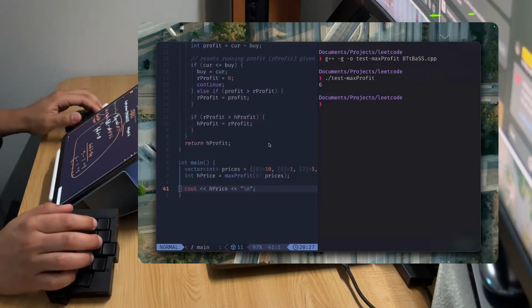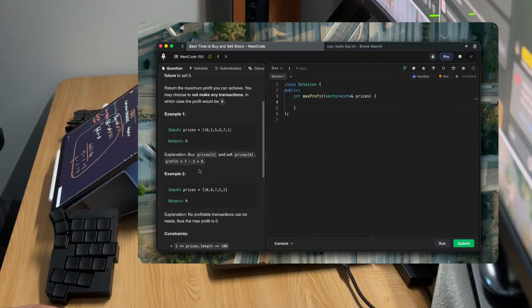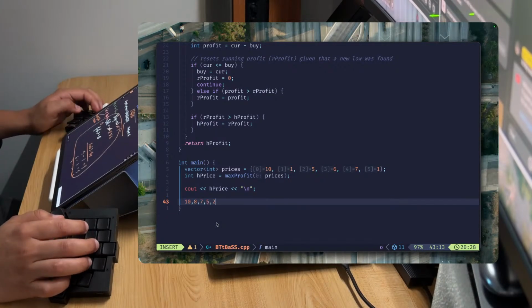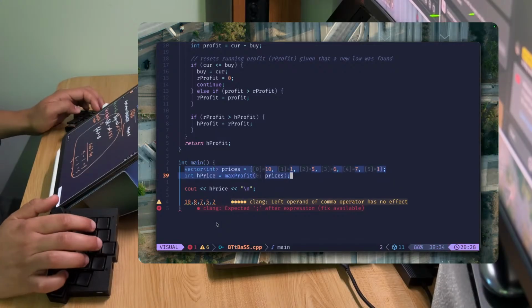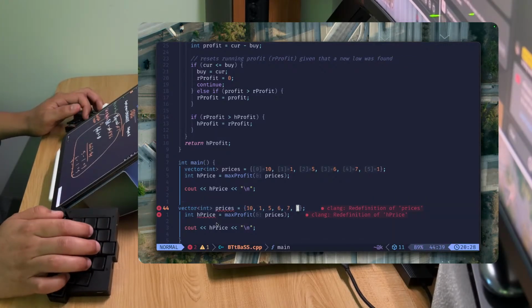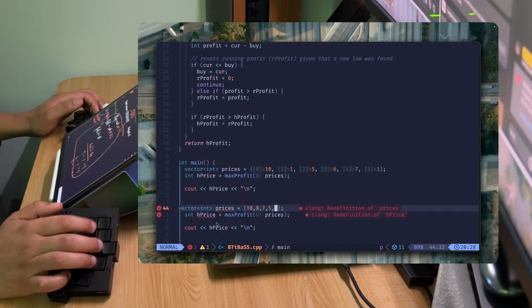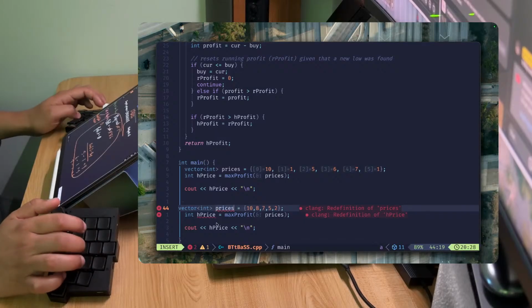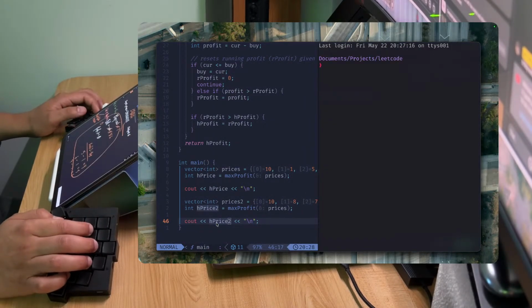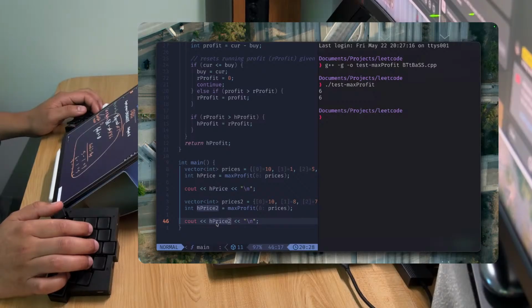Okay, I need some other tests. Let's see. Try this one. Oh.